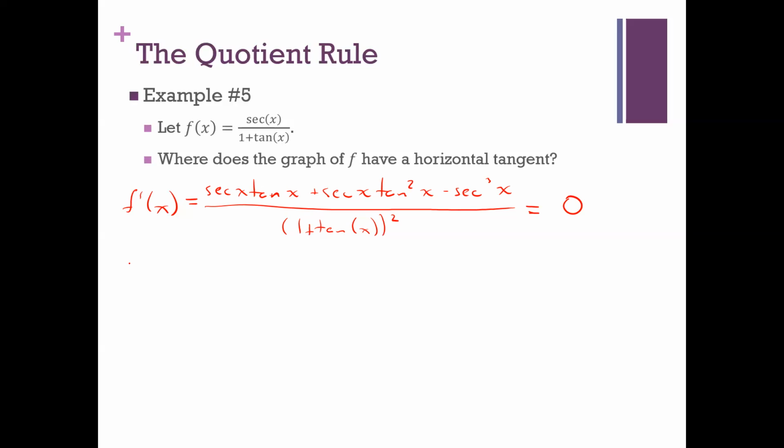So I can start by looking at this: secant of x, tangent of x. Actually, since it was brought up, I'm going to factor out a secant from everything. So one of these equations, yes, can be very simple. Secant of x equals 0.